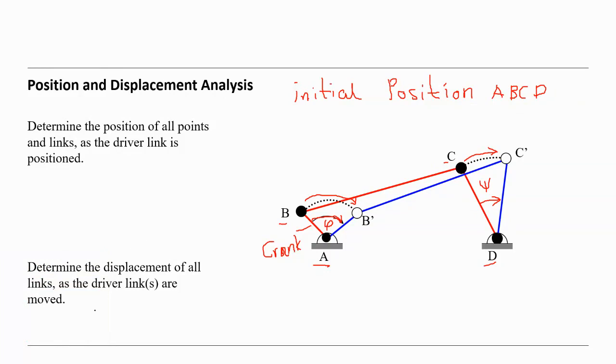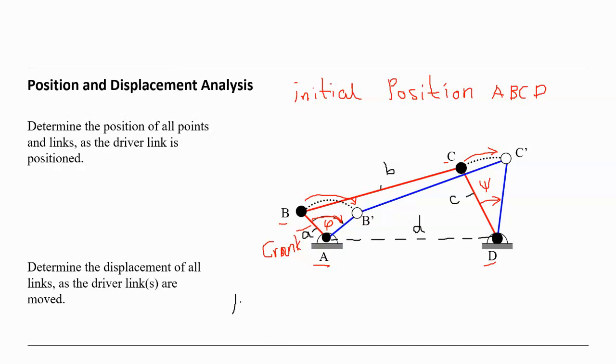Let's say the length of the crank is A, and the length of the coupler is B, and the length of the follower is, let's say, C, and this distance here between A and D we defined as D. So if you have a mechanism, because we are talking about the analysis, analysis means we analyze.